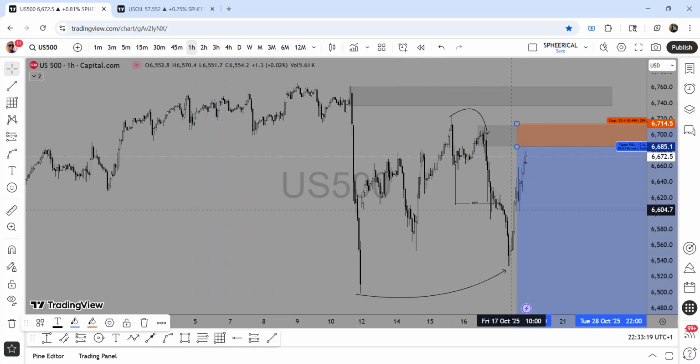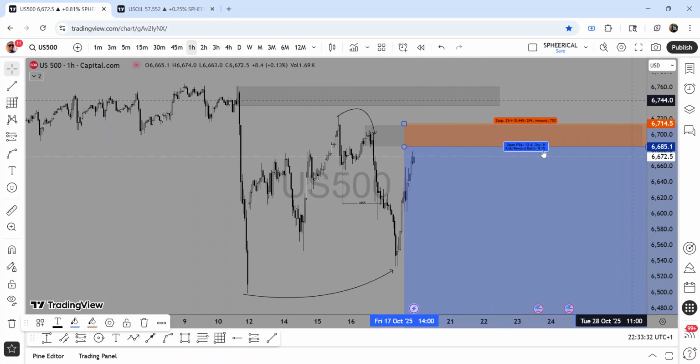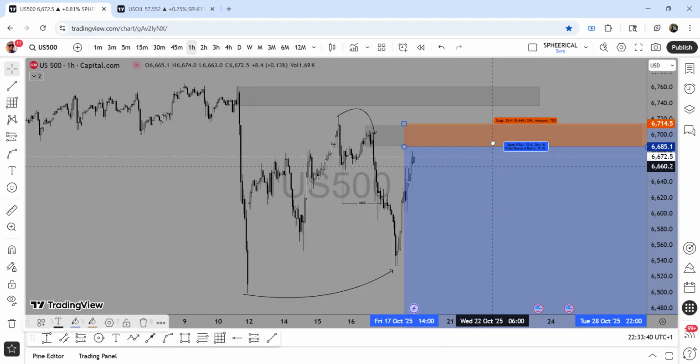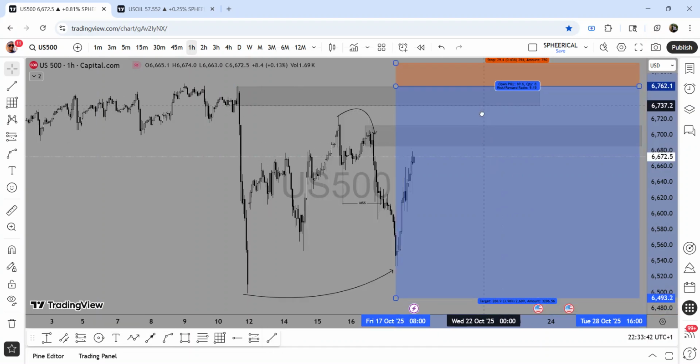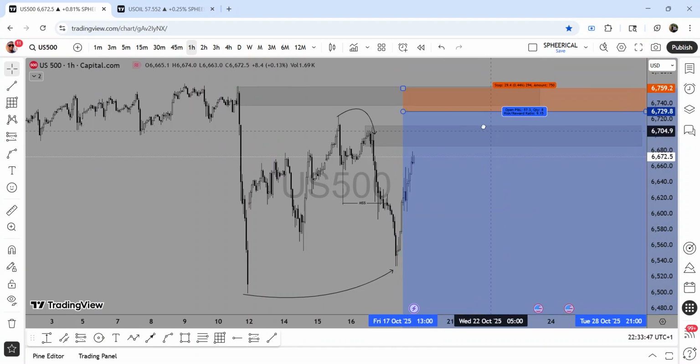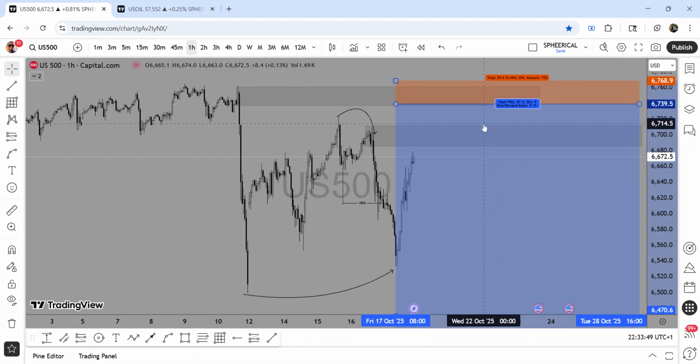But it's ranging, so it's trying to do a lot of manipulation, sweep people, gather a lot of money and go each way. And see here, we have this. So I will change my point of interest to here, or else I see a 15 minutes change of trend at that first zone I marked. Then I'll be taking a shot from there.